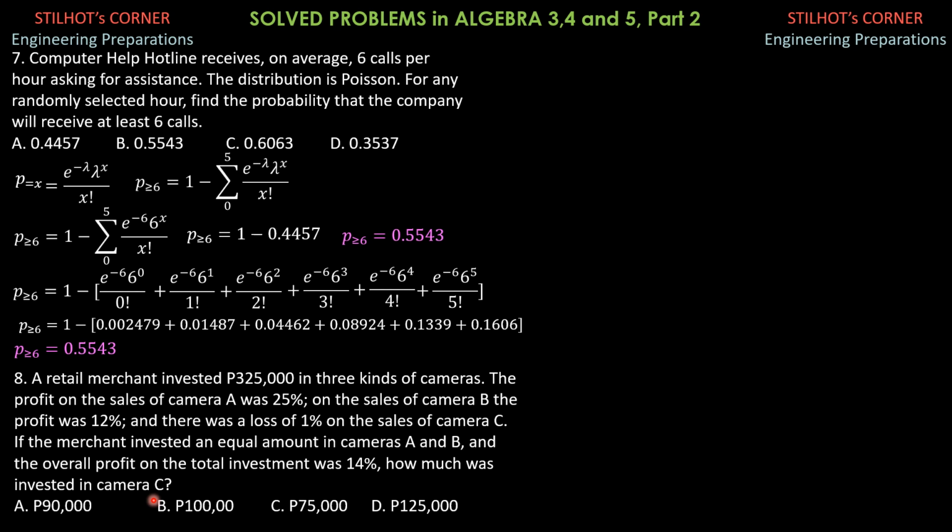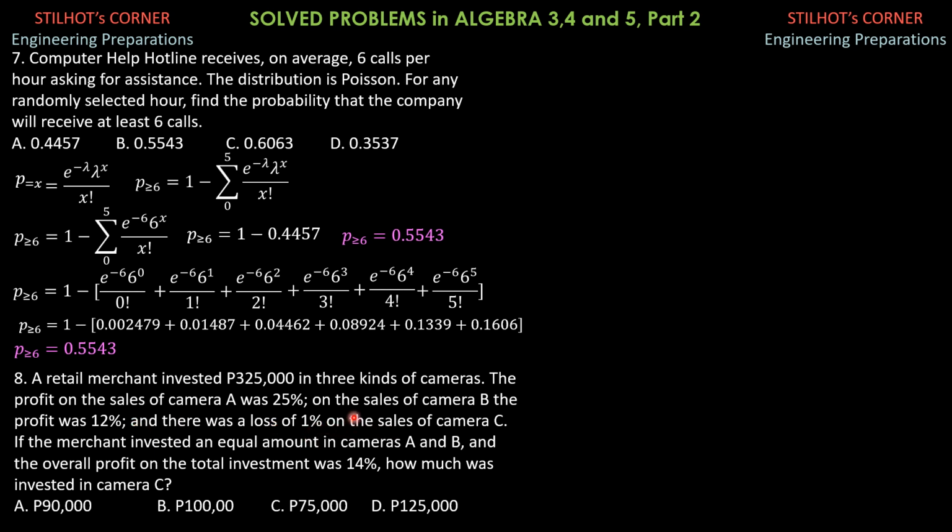So take note that the merchant invested equal amounts in cameras A and B, and the rates for A and B would be positive and that for C it's negative.